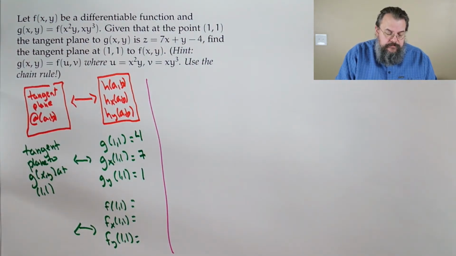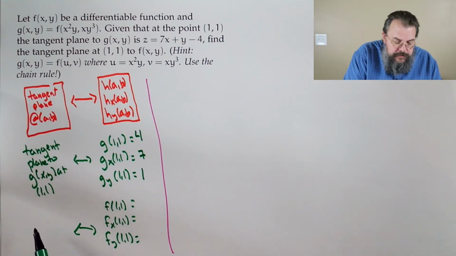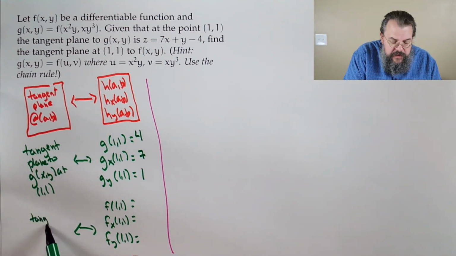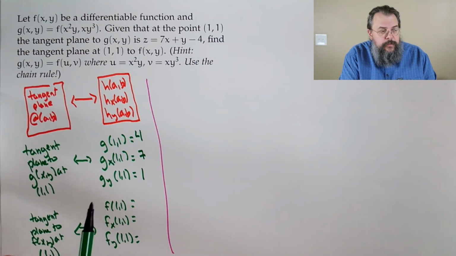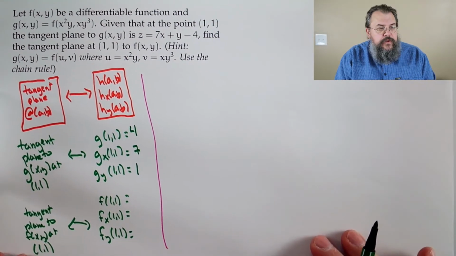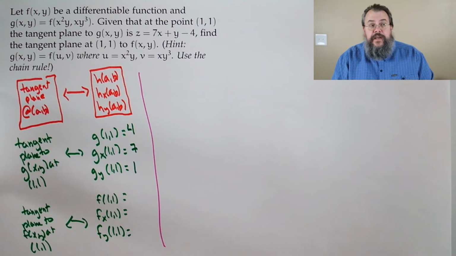I'll go ahead and finish our thought process here. This would give us the tangent plane to f of x, y at 1, 1. So we'll actually do the computation that gives us that tangent plane as we approach the end.